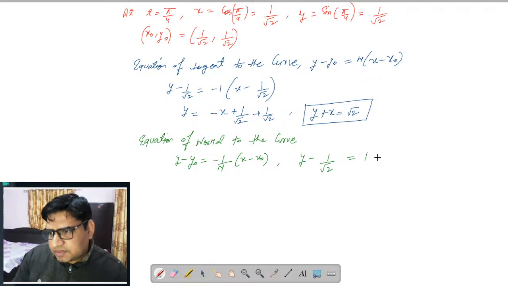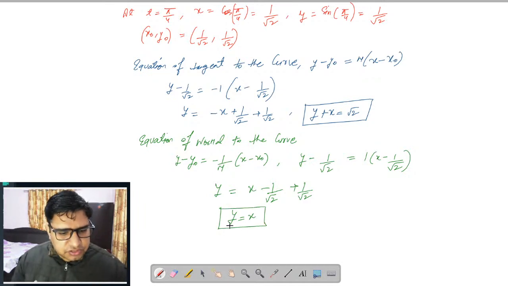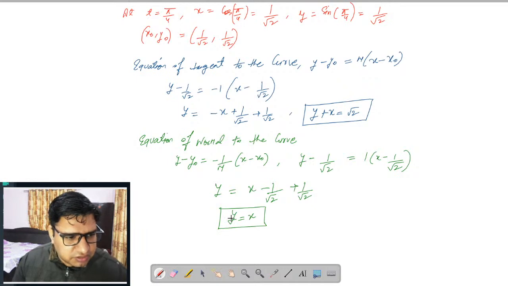So x minus 1 by root 2. Okay, so y is equal to x minus 1 by root 2 plus 1 by root 2. So the equation of normal to the curve will be y is equal to x only.